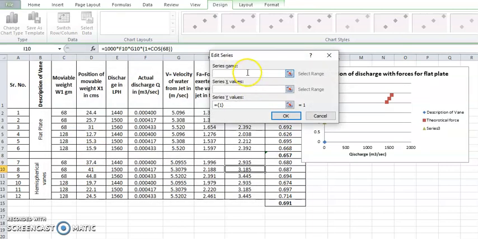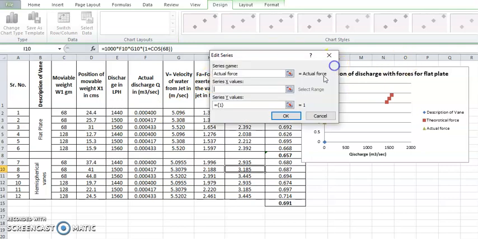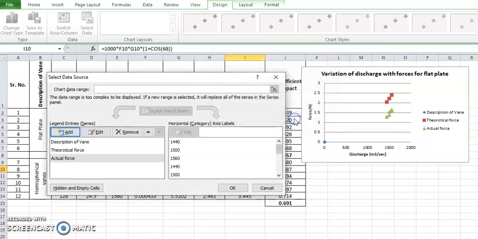You can add more, saying actual force. On x-axis again the discharge, and on y-axis you can select actual. With this, both the series will be complete.